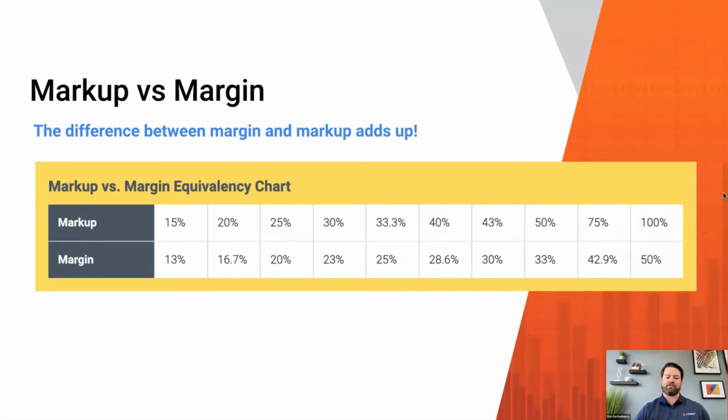Now if we think about it from a profit standpoint, if I wanted to earn a 30% profit margin, then I actually have to mark up my cost by 43%. If I want to earn 50% on a job, then I have to mark up my cost 100%. So there's a widening gap between margin and markup.